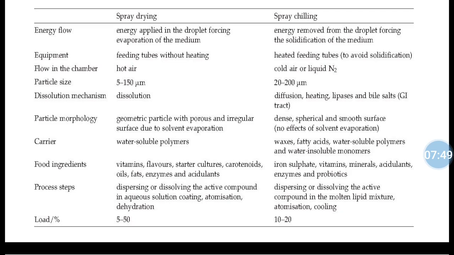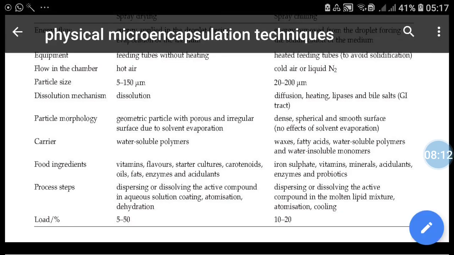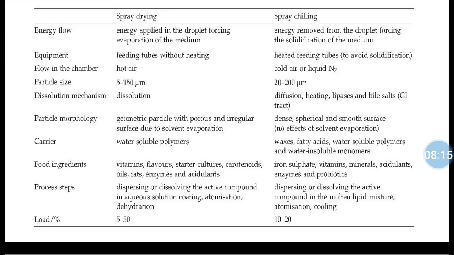The ingredients which can be microencapsulated by spray drying are vitamins, flavors, etc., whereas in spray chilling, iron sulfate, vitamins, minerals, etc. The process steps in spray drying are dispersing or dissolving the active compound in aqueous solution, then atomization and dehydration, whereas in spray chilling, dispersion or dissolution of active compound in molten lipid mixture, then atomization and cooling.